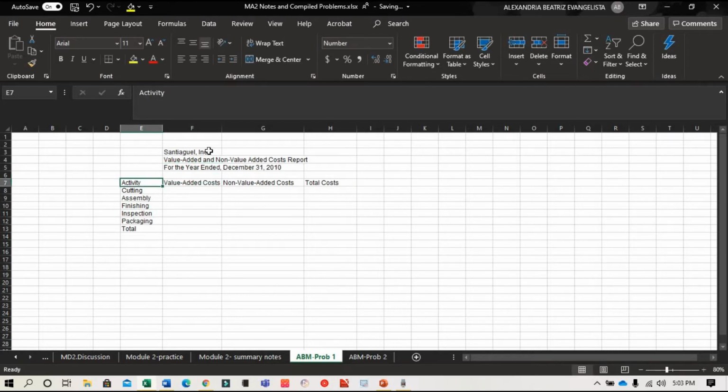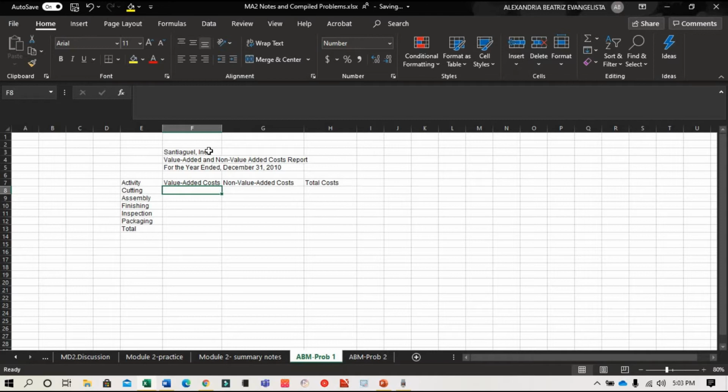I have already placed the headings for activities, value added costs, non-value added costs and total costs. So let's proceed in solving the values.